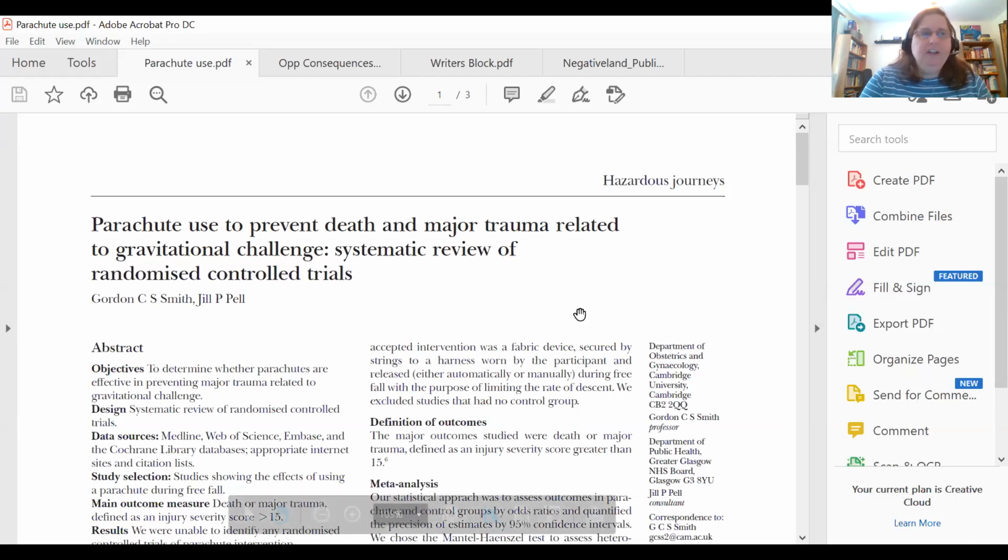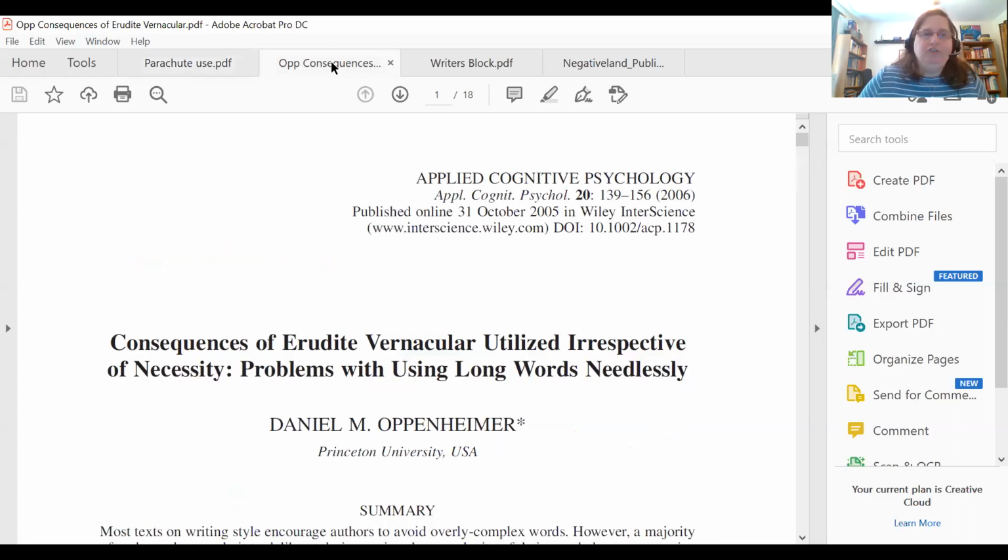The next thing I'm going to encourage you about is to not necessarily think you have to use the biggest words in your vocabulary to communicate scientific findings. And so this article is called "Consequences of Erudite Vernacular Utilized Irrespective of Necessity: Problems with Using Long Words Needlessly." So in other words, I want you to write in a scholarly fashion, of course, but that doesn't necessarily mean reaching for the thesaurus at every moment and trying to find the most erudite vernacular.